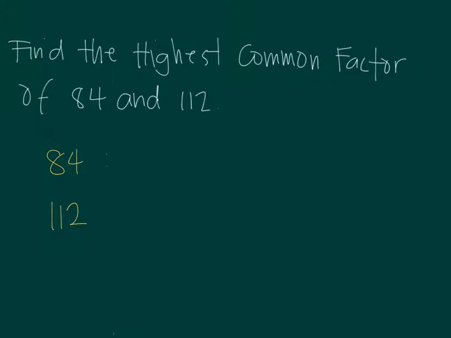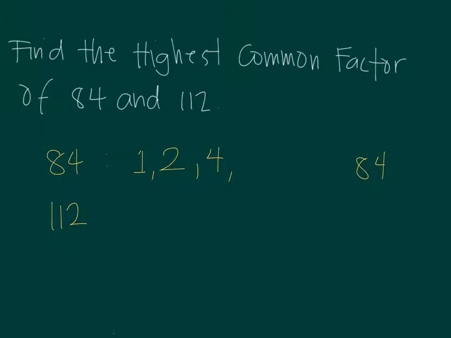84. So what are the factors of 84? How do you know the factors of 84? 1 is a factor, 2 is a factor, 4 is a factor, 84 is a factor.